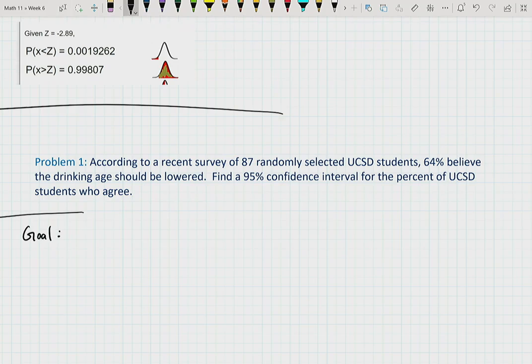So here's what our goal will be today: confidence interval, which I'll often just abbreviate as CI.